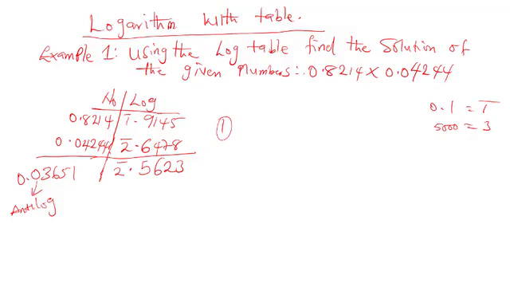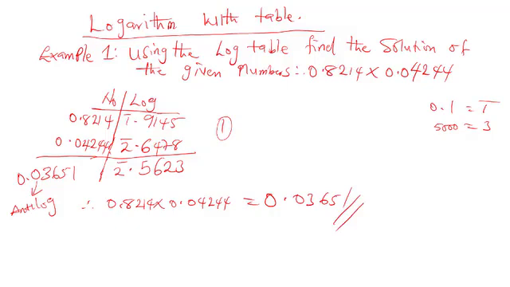So what it's trying to tell us is that if you multiply 0.8214 by 0.04244, your answer will be equal to 0.03651. That's what we've been able to do with our logarithmic table.